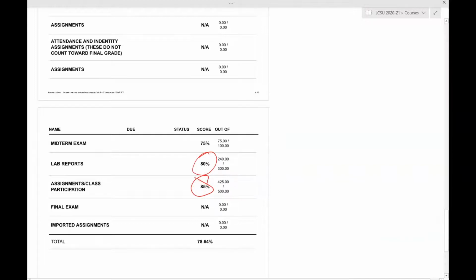And so then to get the overall total, what they did basically was said, okay, we're weighting the midterm exam at 15%, and the lab reports at 40%, and the assignments at 25%. The 20% final exam we've got no information on.